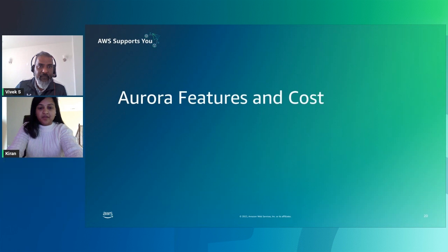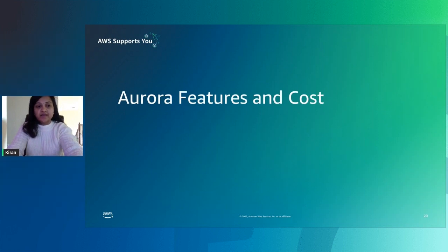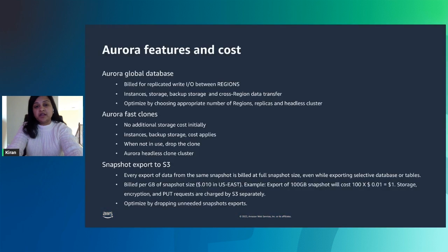Cool. All right. So let us understand about the Aurora features and the cost. As I mentioned, Aurora comes with more enhanced, innovative features, like a global database. In a global database, the main cost component is replicated write IOs, and on-demand compute cost on the reader instance nodes. The cost mainly occurs when you have inter-region data transfer, right?